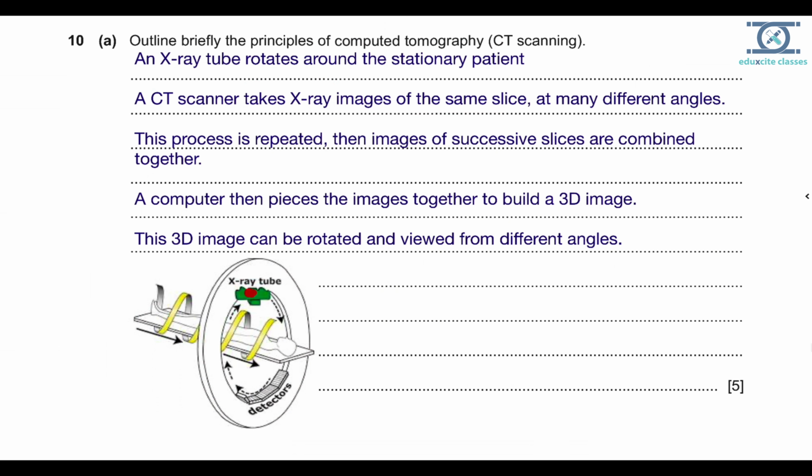You can see here it will be rotated and it will take an image of the same slice at different angles. The process is repeated and the images of successive slices are combined together. Then a computer puts the images together to build a 3D image, and this 3D image can be rotated and viewed from different angles. So this is of 5 marks. Each point you can see consists of 1 mark.